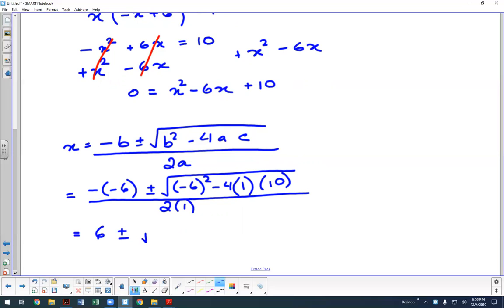Go ahead and simplify that and see what you come up with. What do those answers come out to be?